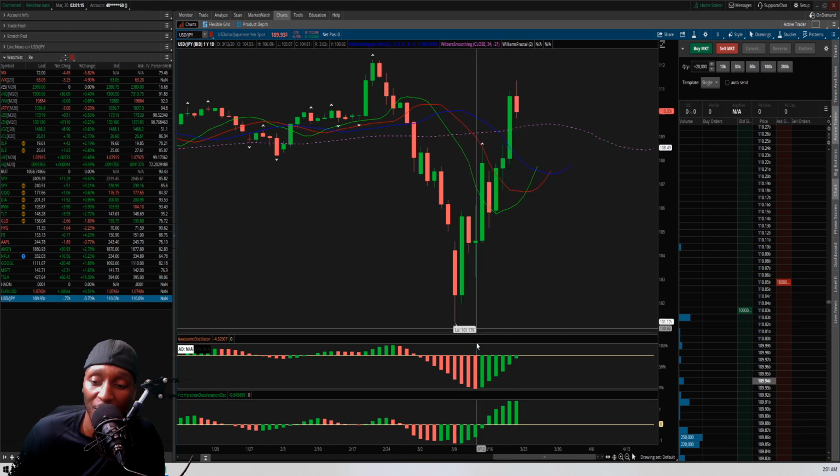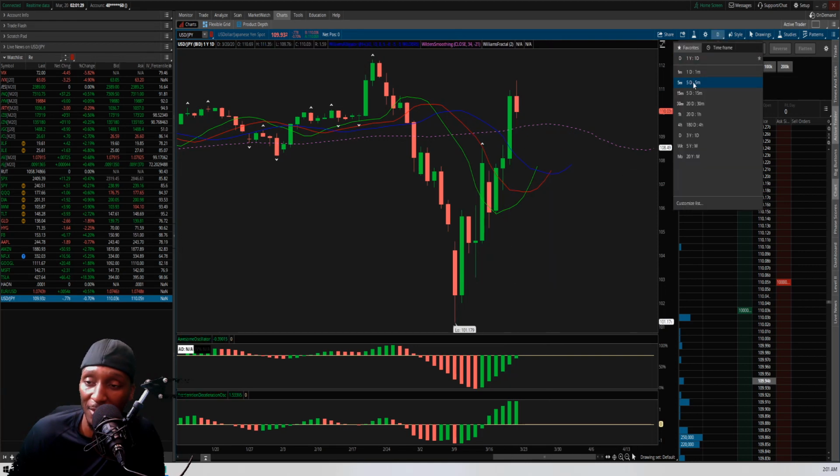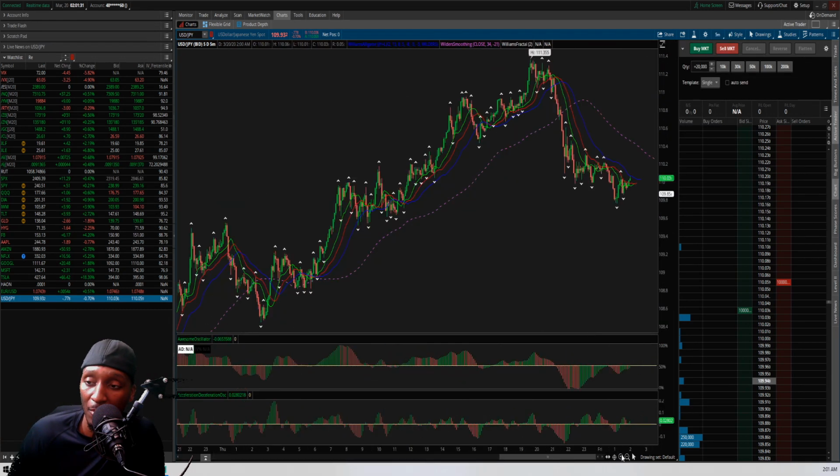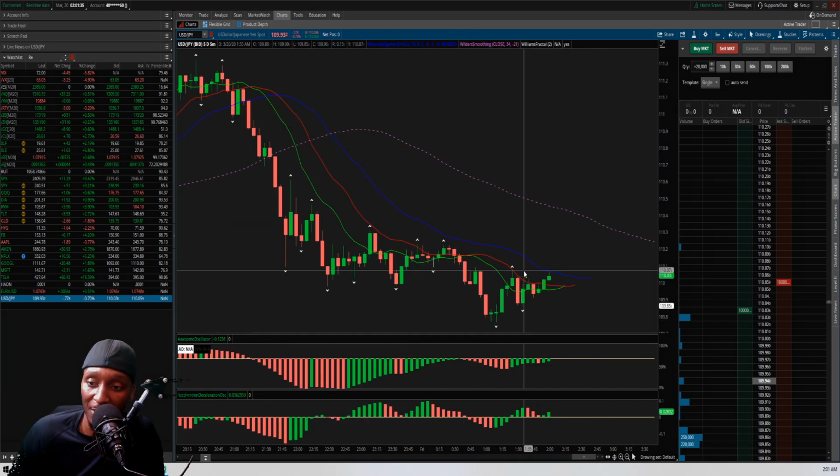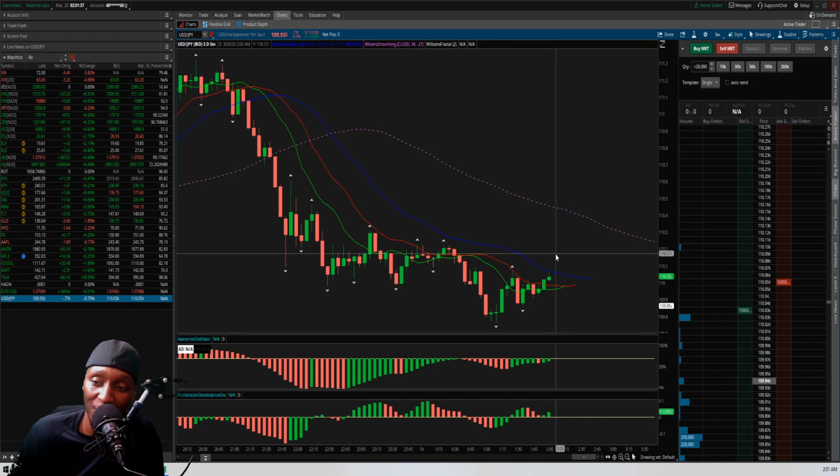You can tell this is moving up. You got the oscillator moving up on the daily. It looked like it may be getting ready to cross over. So it may not be a bad idea to take a move to the upside here. But this could take maybe 15-20 minutes to set up.